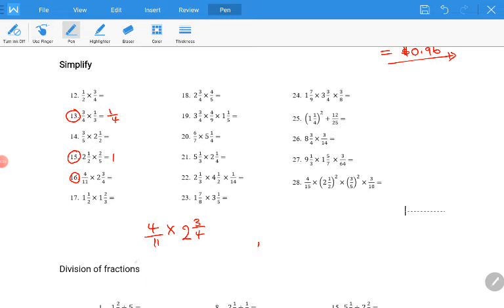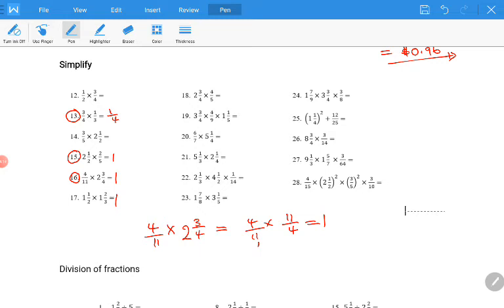Again, if we rewrite it, it's 4/11 times, if we convert this mixed number into an improper fraction, we get 11/4. Again, this is equals to 1. This also gives 1.